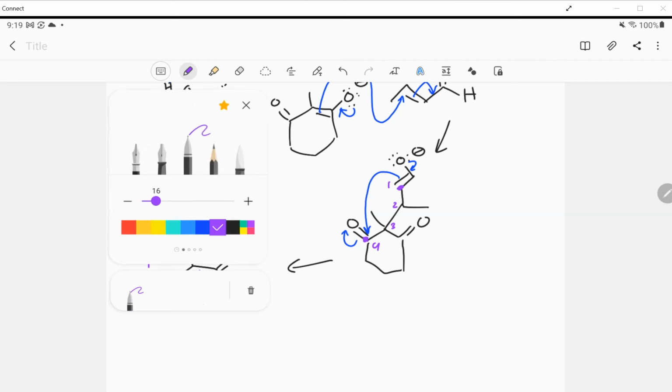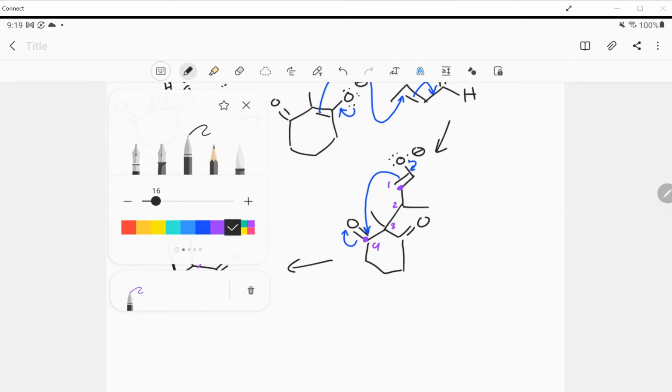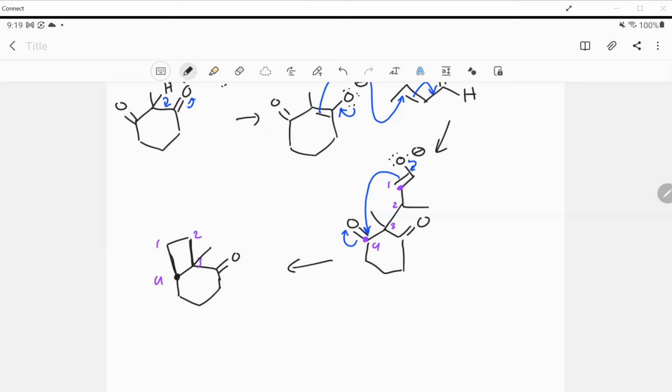Alright, so with this, now we can go ahead and make sure that everything's on there properly. So on carbon, I just erased the numbers. On carbon 3 we had a methyl group, so we should still have that there. On carbon 2 we had a methyl group. On carbon 1 is where we're going to have our carbonyl.